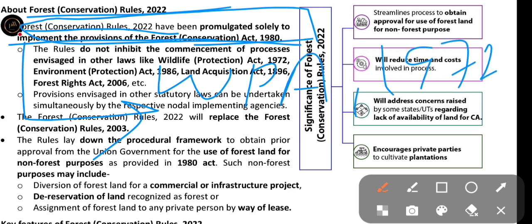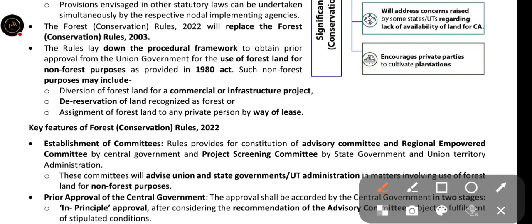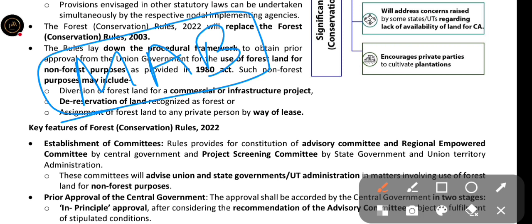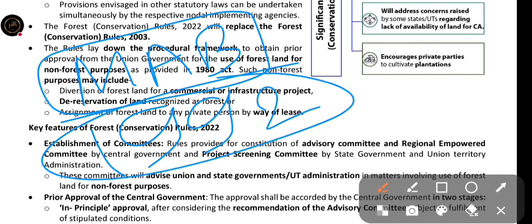Okay, and the Forest Conservation Act 1980, and next is the Man and Biosphere Program, which was made in 1992 for the protection of the elephants.